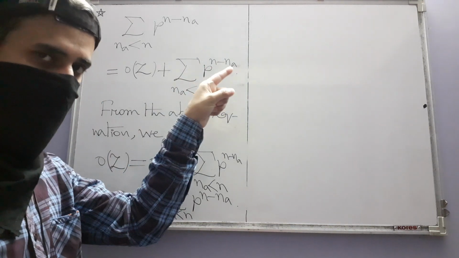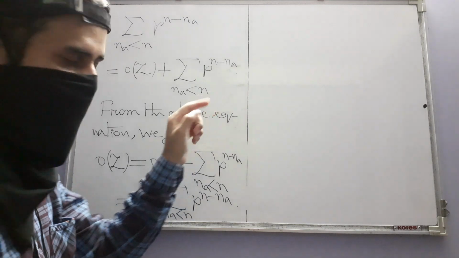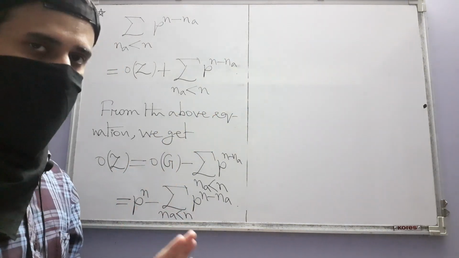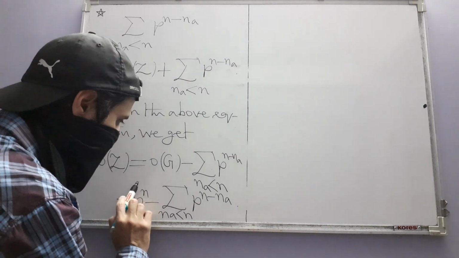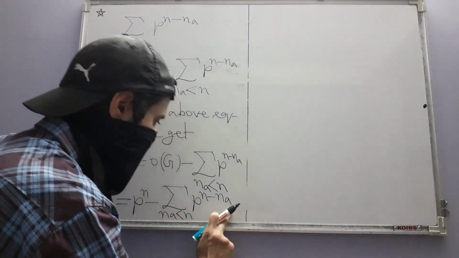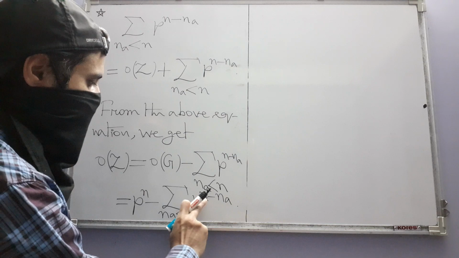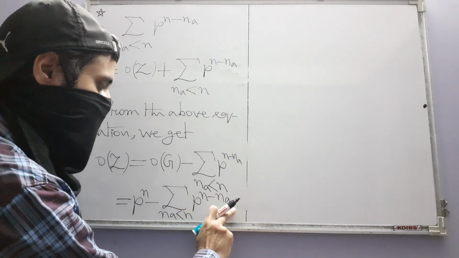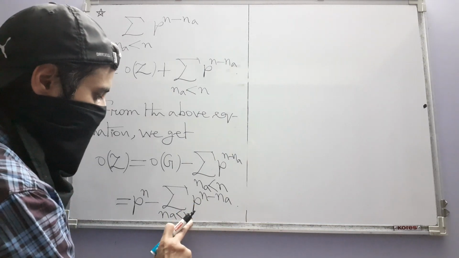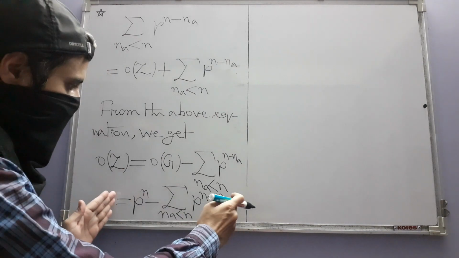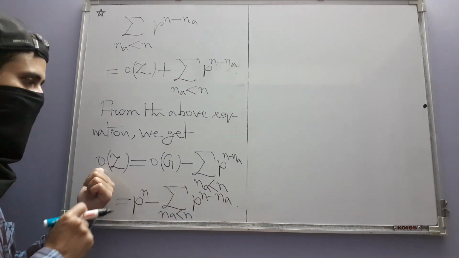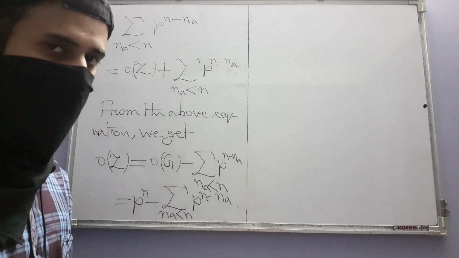And that's why in fact we also need in the beginning that n is a positive integer. So now with that condition, this is divisible by p, and each term in this sum is divisible by p. Why? Because the exponent is positive again due to this inequality, n_a being less than n. So this is divisible by p means the order of the center also has to be divisible by p.